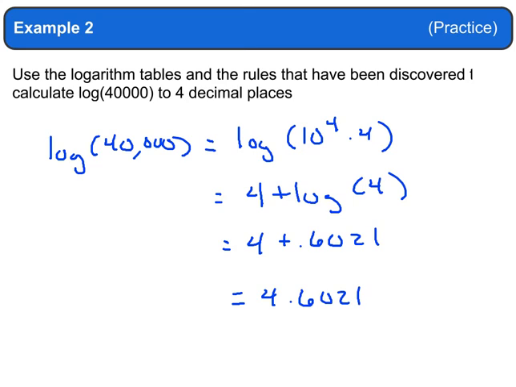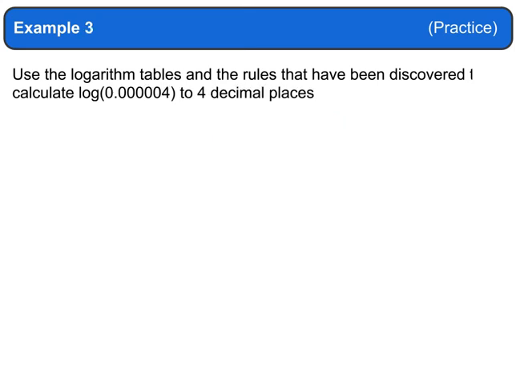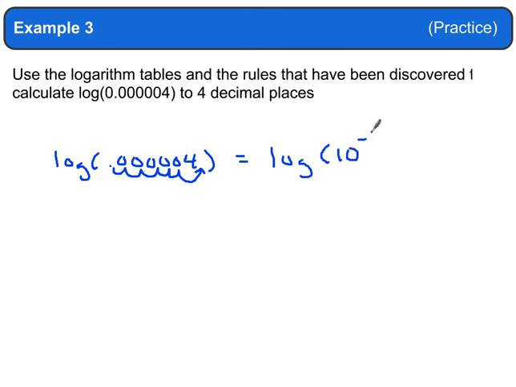Same idea if we had a decimal version. So if we had a log with 0.1, 2, 3, 4, 5 zeros and a 4, this would be equal to, remember we want to move this decimal place over, we would count 1, 2, 3, 4, 5, 6. So this would become log 10 to the -6 power times 4.